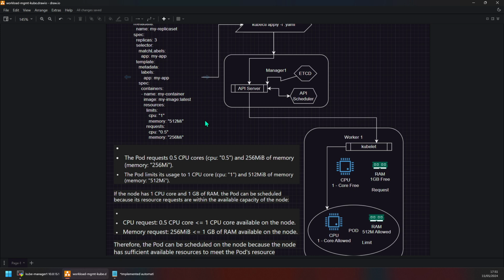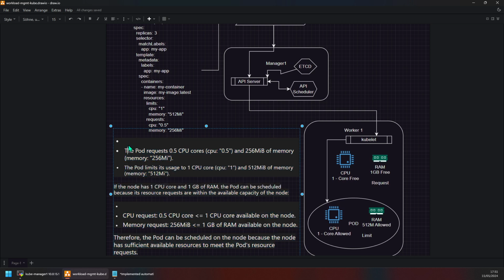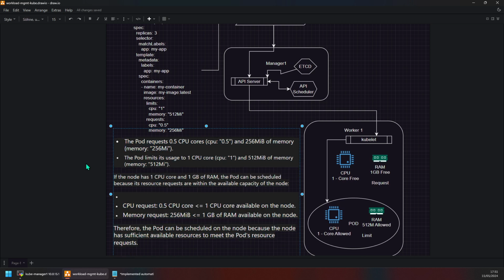Now, the next thing we are going to understand is this. If I have a system with 1 core CPU and 1 GB of RAM, would it work?